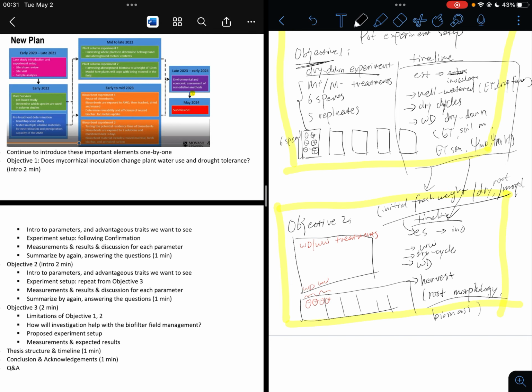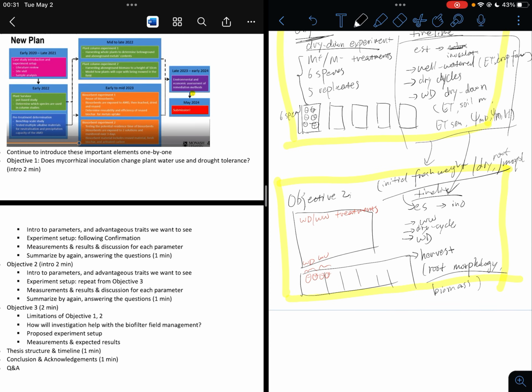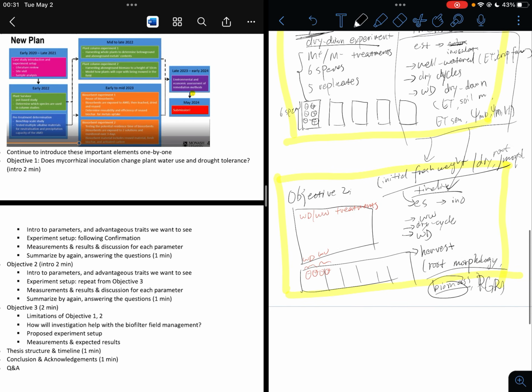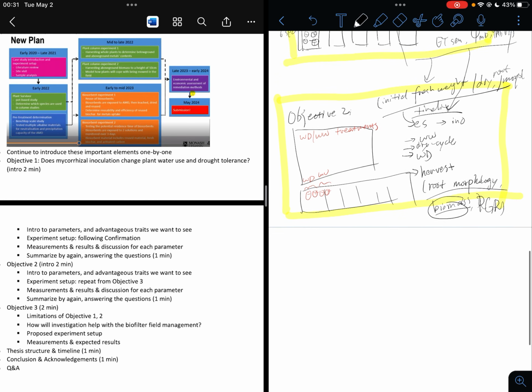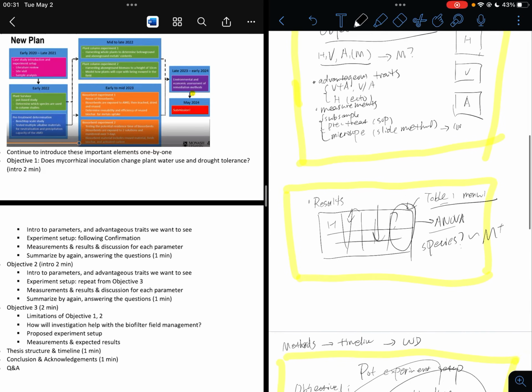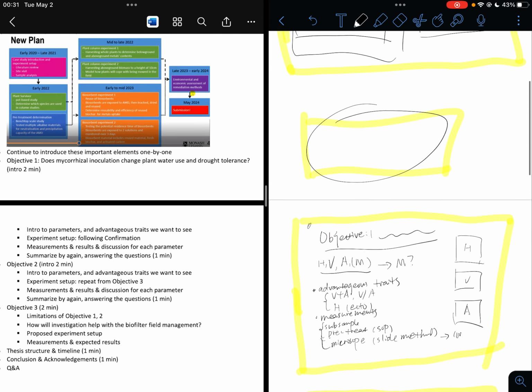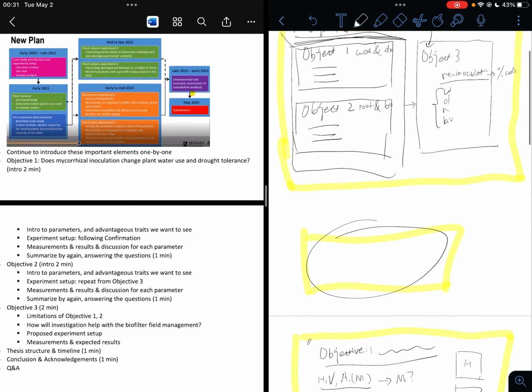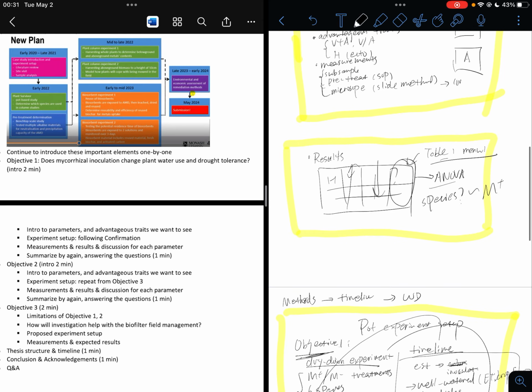That would be really everything that we have. Of course, biomass will have RGR as well, depending on how you want to do it. The whole thing will feed back to the new plan and objective 1.